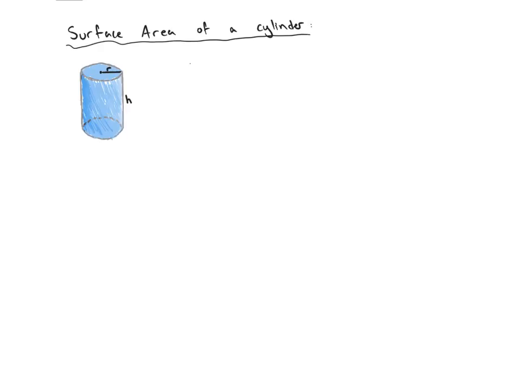So, from what we know about shapes and geometry, the surface area is the combined area of the entire outside of the shape. So what we have in a cylinder is these two tops that have area. We have the bottom down here, and then we have this middle section that goes around in a circular shape.